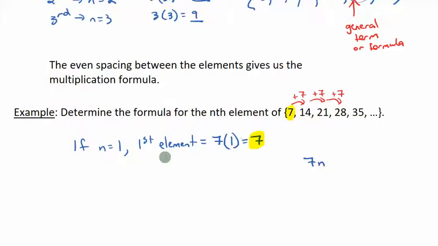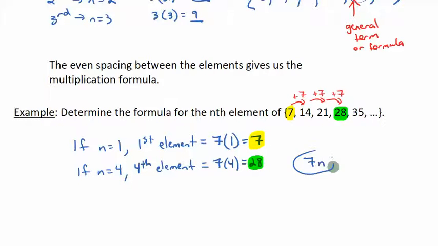Let's check the fourth element, for example. If n equals 4, then according to this formula, our fourth element should be 7 times our n value of 4, so 7 times 4, which is 28. And our fourth element is 1, 2, 3, 4. The fourth element is 28. So this is the formula for the nth term.